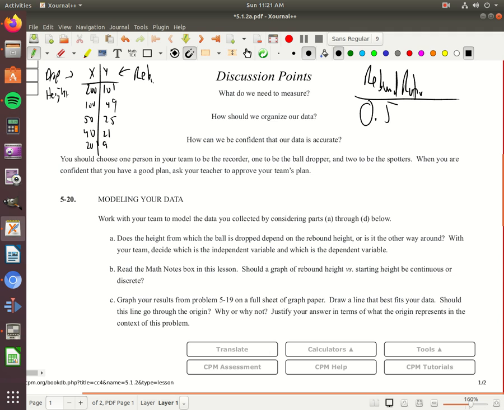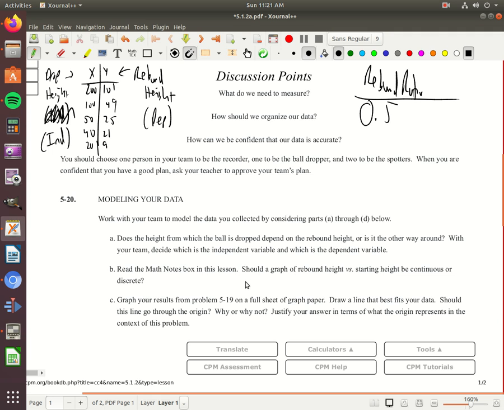So I would say that the rebound height depends on the drop height, right? So this would be my independent variable, or my x. And this would be my dependent variable, right? So this is my input and this is my output.